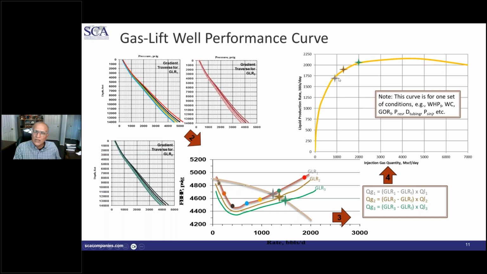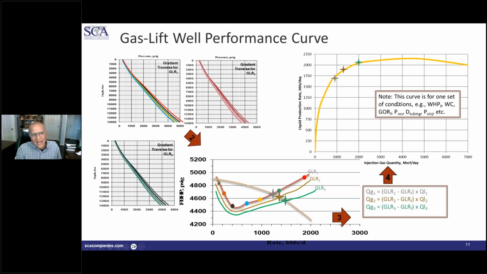Okay, so again, as a gas lift design or operations engineer, your key tool, if you will, is this gas lift performance curve, where you will see how much you are going to inject in order to produce what.